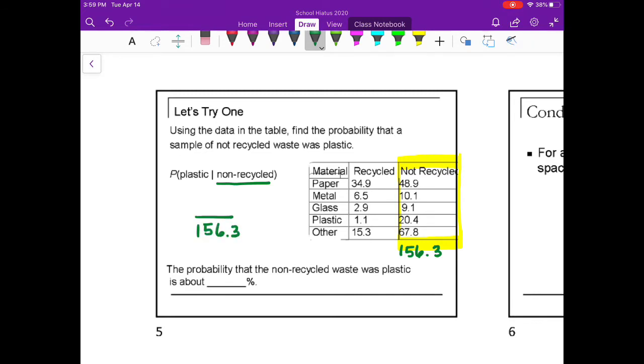And then within that group, we want to find how much was plastic, and that's right here, so 20.4, which gives us approximately 0.13. So the probability that non-recycled waste was plastic is about 13%.